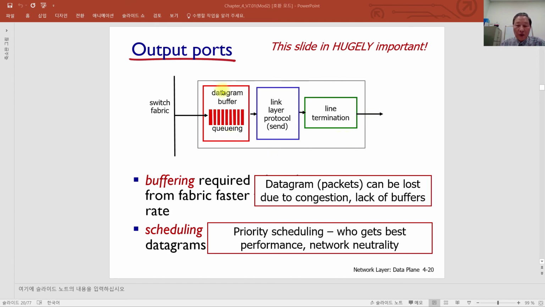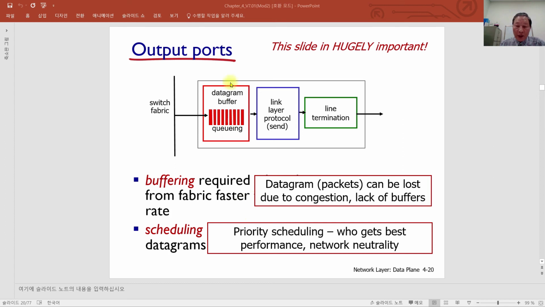We are using that kind of normal scheduling scheme, the FIFO scheme. If we change that order and use that scheduling, then that is priority scheduling. Depending upon the priority, we change the order to send out through the link interface. That is called priority scheduling.